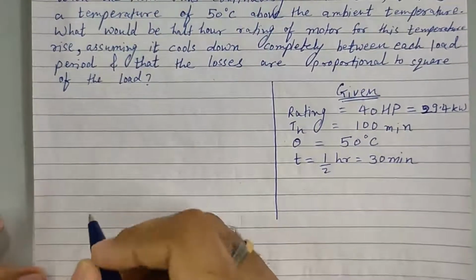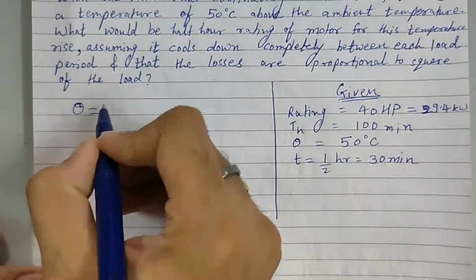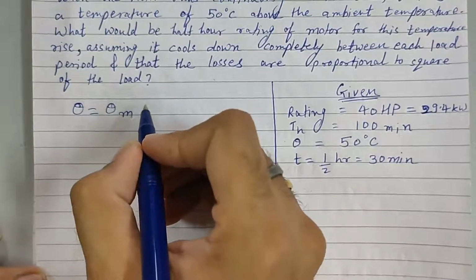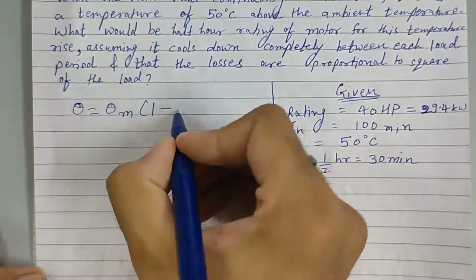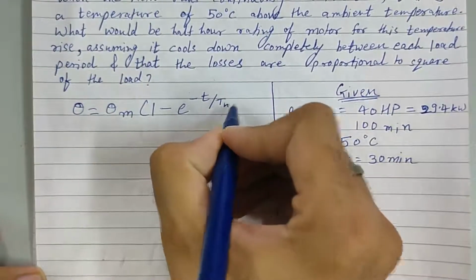Now moving to the solution, we know the formula theta is equal to theta m into 1 minus e raised to minus t upon capital TH.